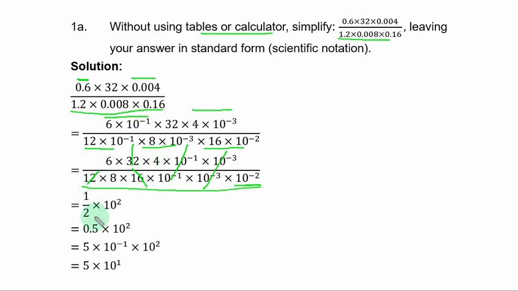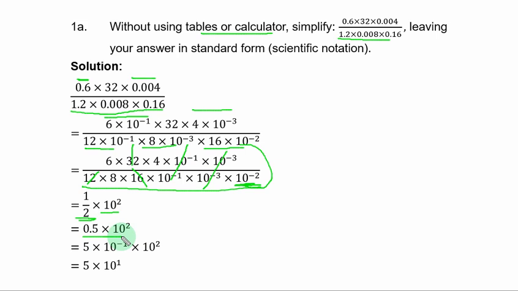If you reduce, you have 1 over 2 times 10 to the power of minus 2. If you take this 10 from the denominator to the numerator, the power changes to positive. So 1 over 2 is the same as 0.5 times 10 to the power of 2.